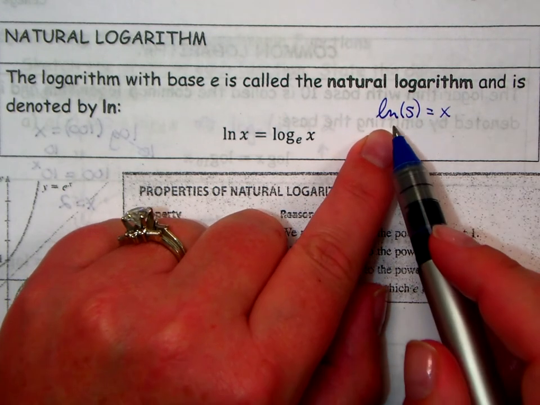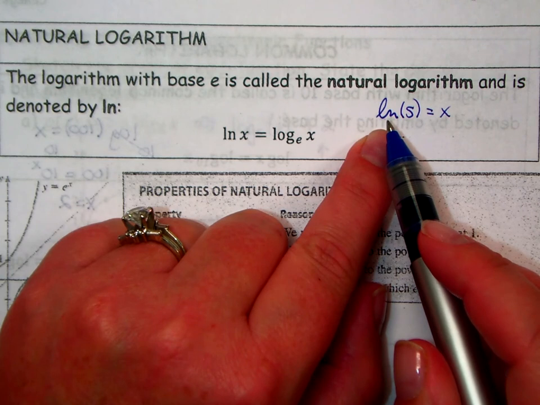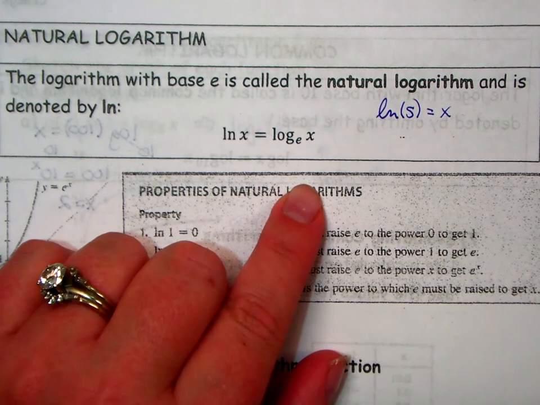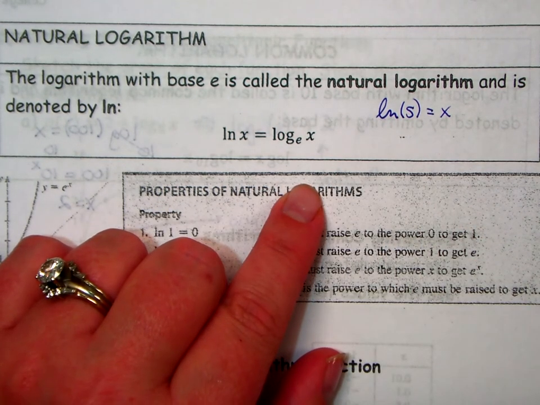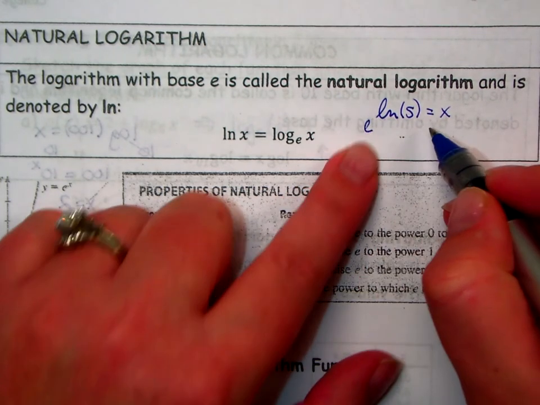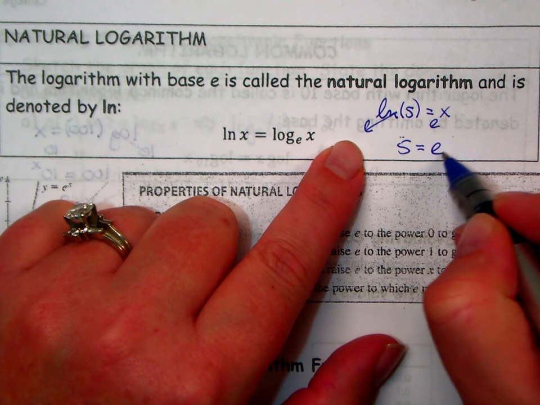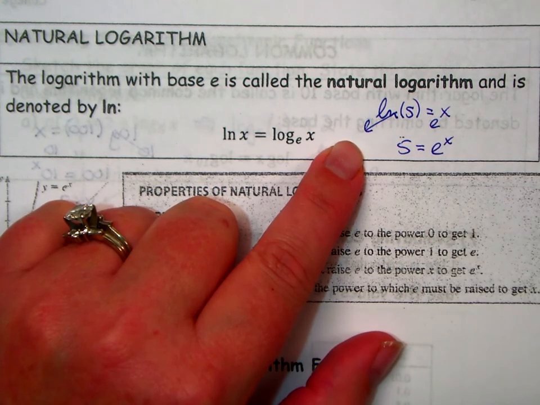If I wanted to cancel ln, the base of ln is understood to be e, just like the base of a log is understood to be base 10. So I'm going to raise both sides by e, and I get 5 equals e to the x.